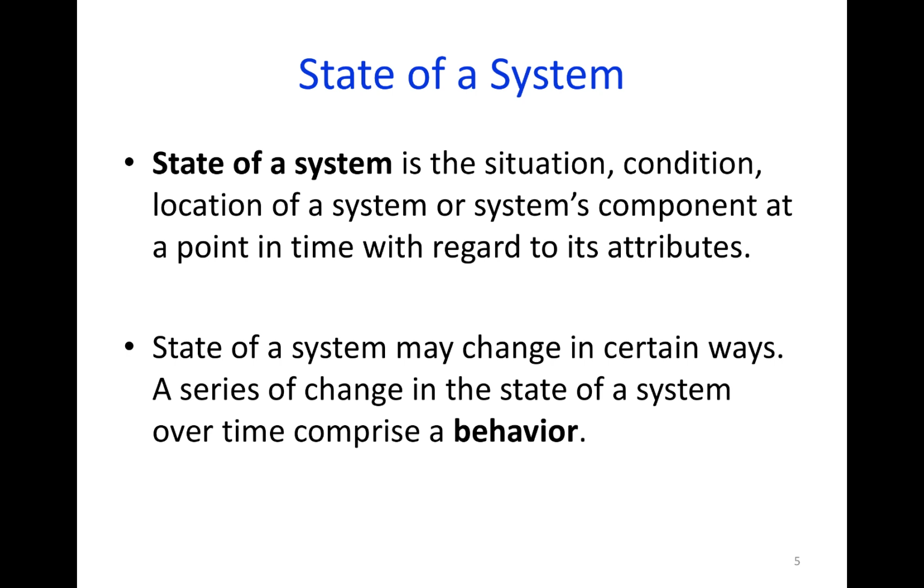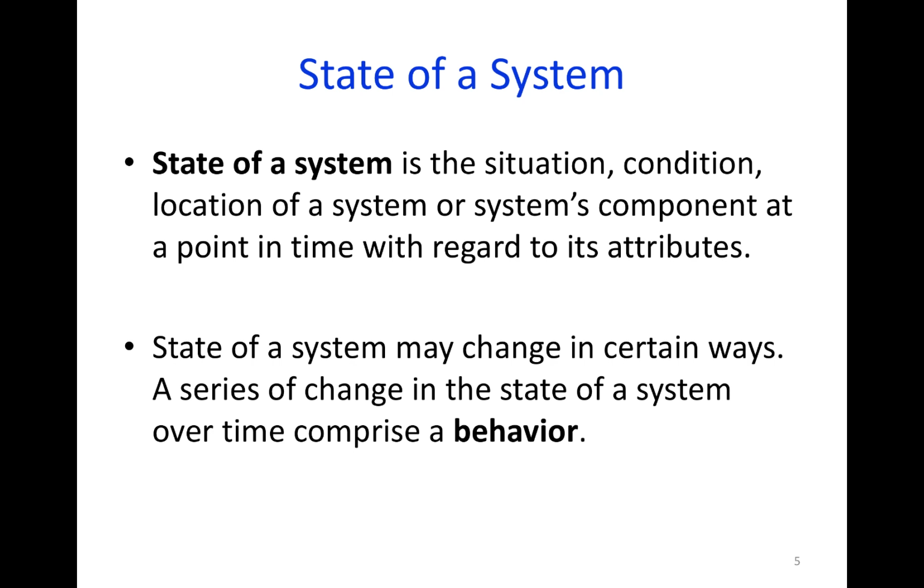Now, if we monitor the state of the system over time, what we observe is what we call the behavior of the system, how a system has behaved over time. For example, if we monitor characteristics such as profit of a company, number of customers, the revenue, and so forth over time, we are looking at the behavior of this system over time.